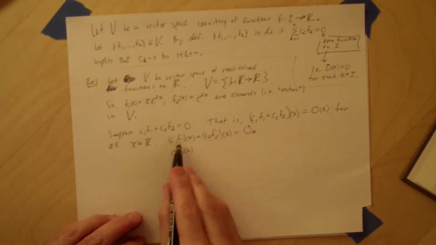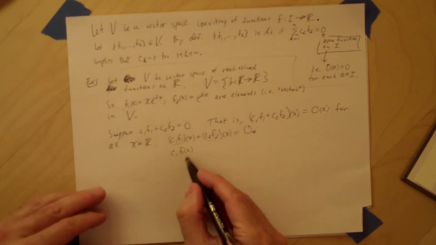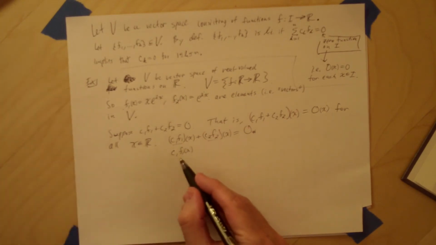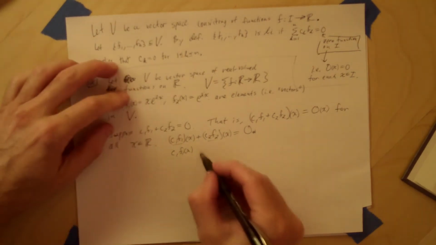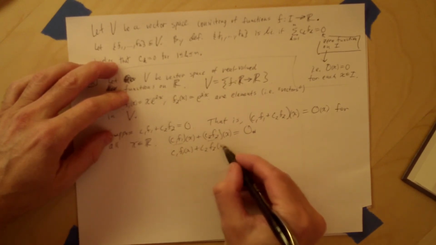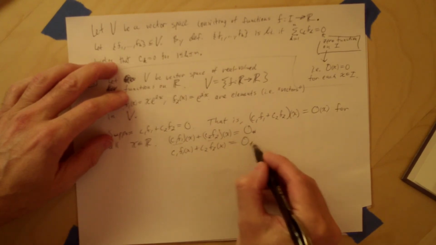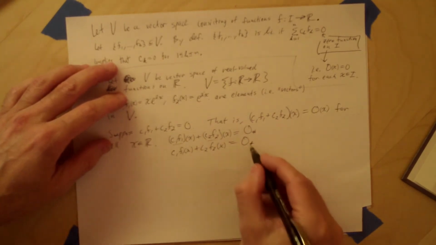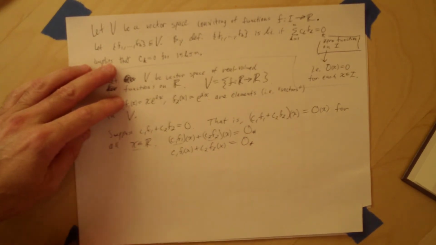The function c1 f1 takes in x, you put x into f1 and get a number, and you multiply that number by c1, which is a scalar. Same here. And that's equal to the number 0, for all x an element of the reals.